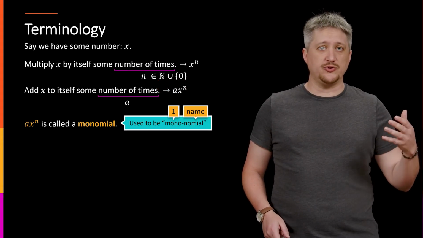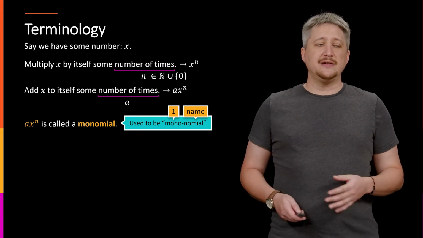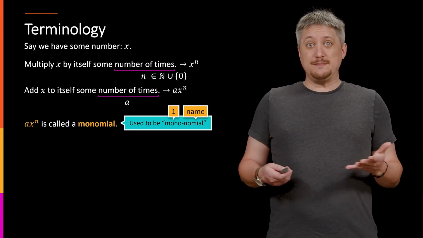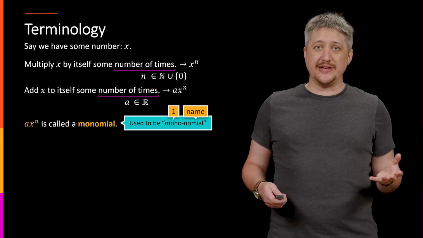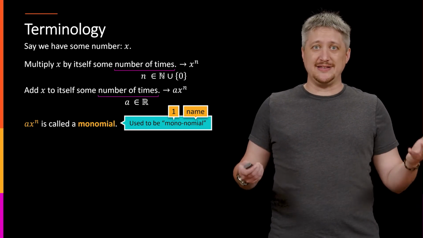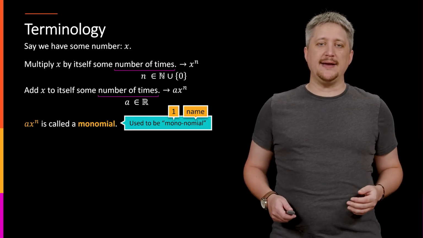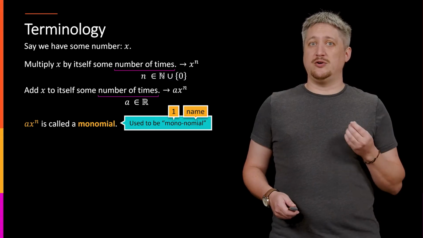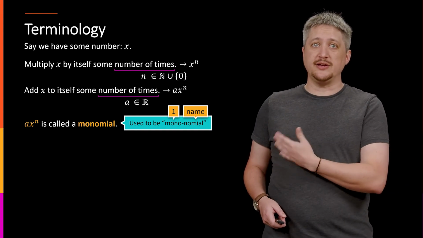So 0, 1, 2, 3, 4, whatever. Likewise, a could be any typical number, or what we would call a real number. Okay, so the coefficient could be really anything: square root of 2, pi, e, 5, negative 17, all perfectly fine for a. But n has to be a whole number and not a negative number. So 0, 1, 2, 3, etc.